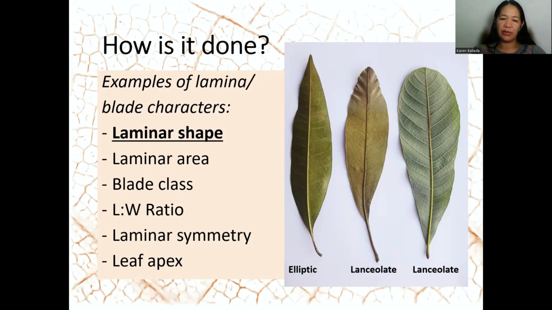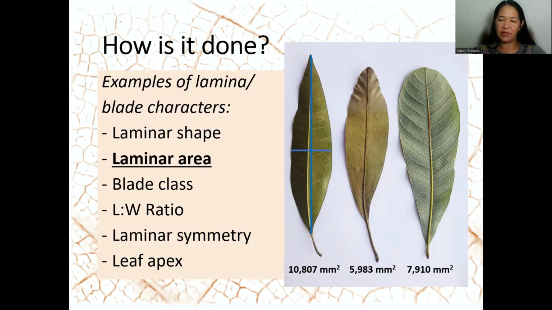And then another character is the laminar area. So for the laminar area, you need to get the area or the size of the lamina. All you need to do is use the equation: you multiply the width and the length of the leaf by 0.75, okay? And you're going to get a value in square millimeters.